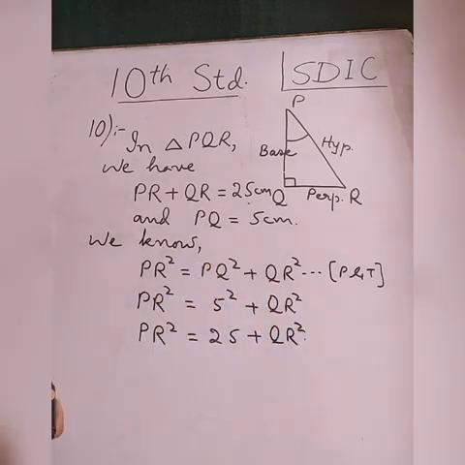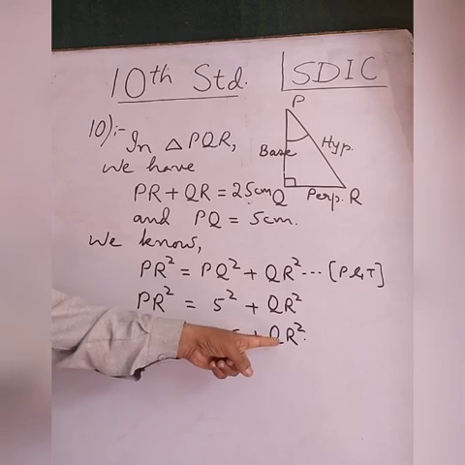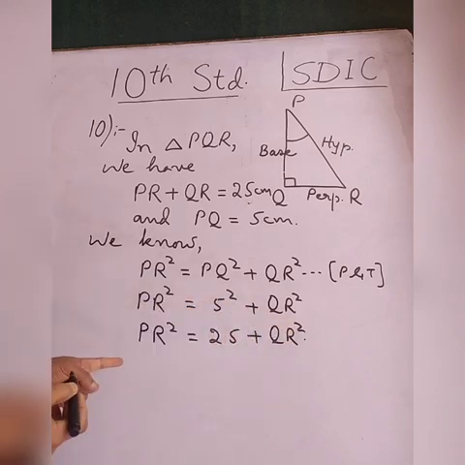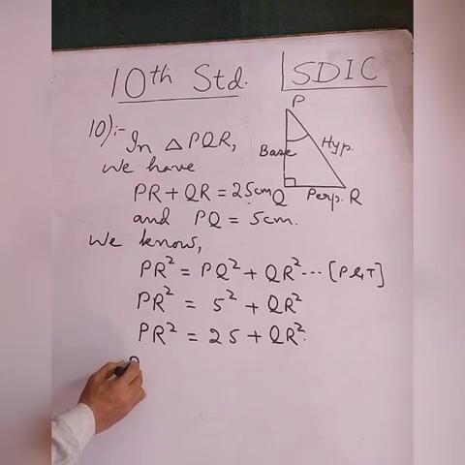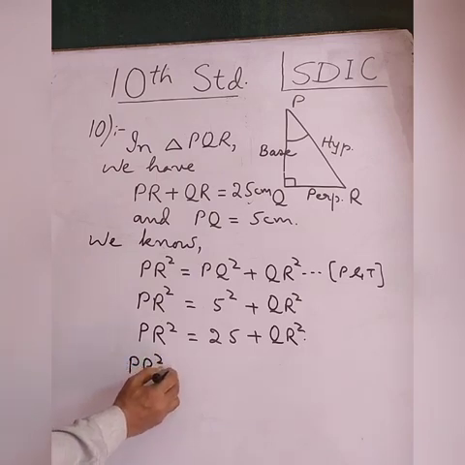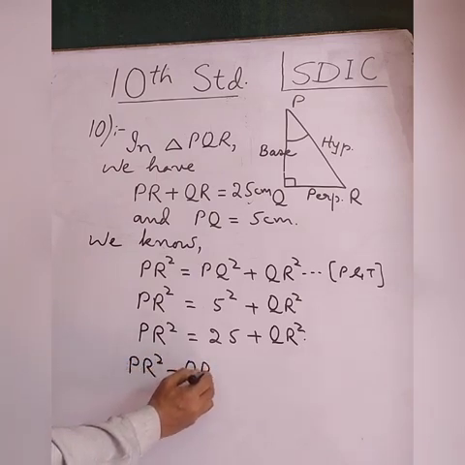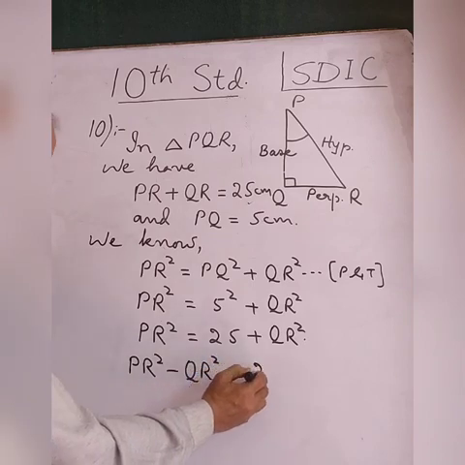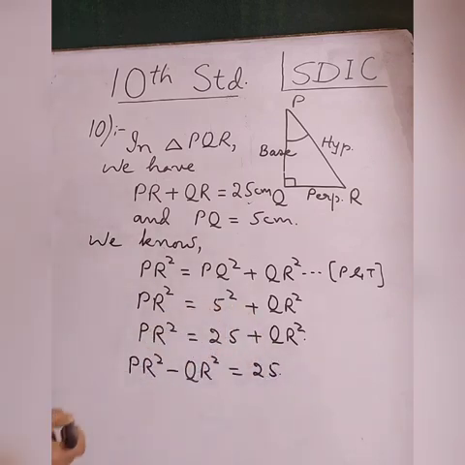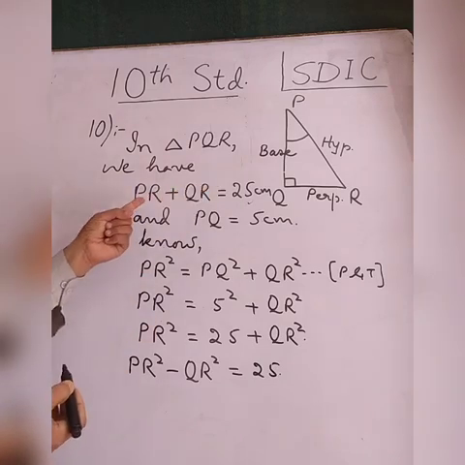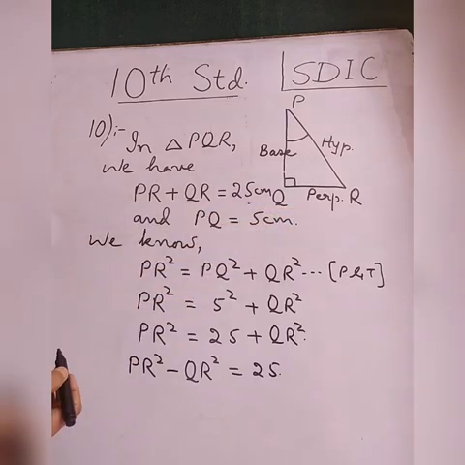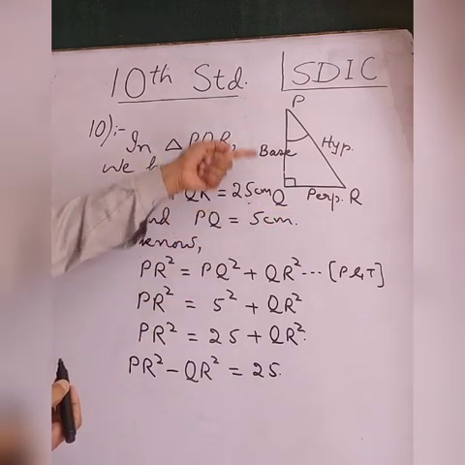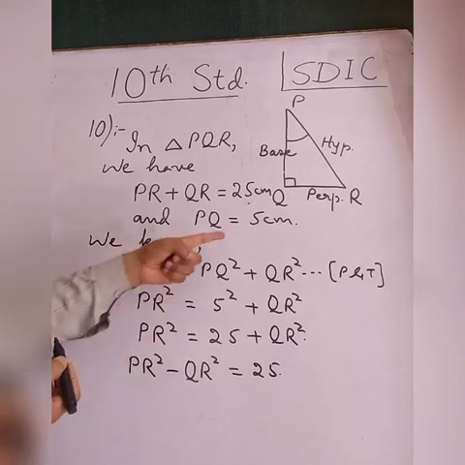Is this clear? Now next, we'll transpose this QR square to the left side. Being positive, it will become negative. We'll therefore have PR square minus QR square is equal to 25. Our aim is to find the measurement of PR side, the hypotenuse, and QR side, the perpendicular. PQ is given to us, which is the base, 5 centimeter.